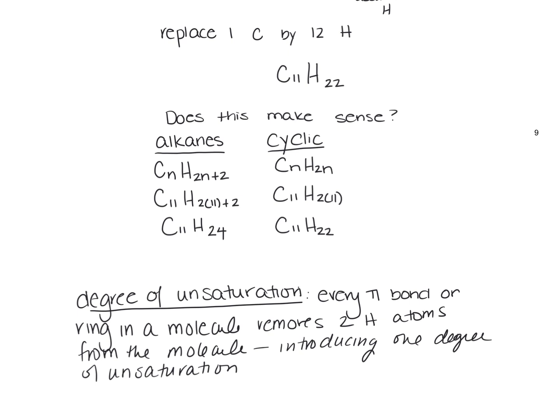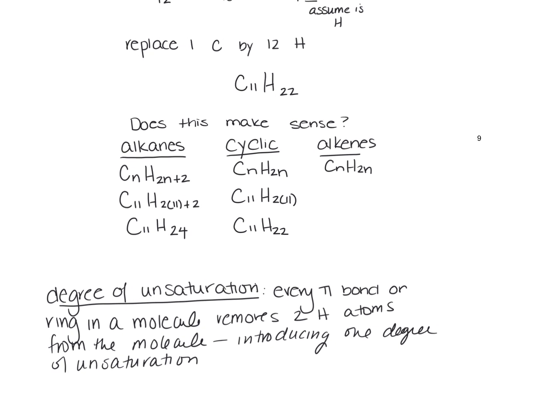A few other things to help you evaluate if these make sense. Alkenes are going to have the same general formula, CnH2n, where they've also lost 2 hydrogens for every 1 double bond. And so if it had 1 double bond, it'd be C11H22.